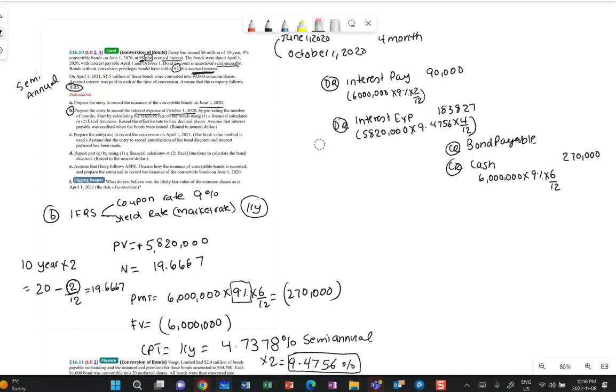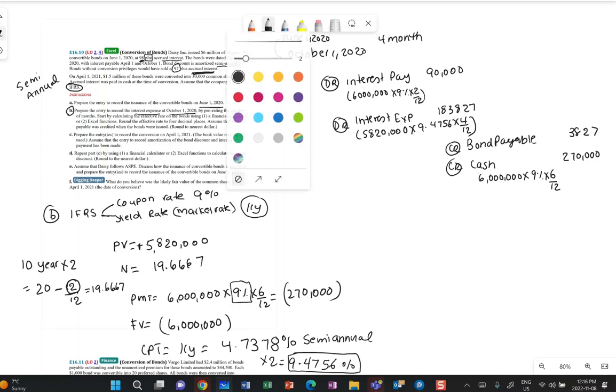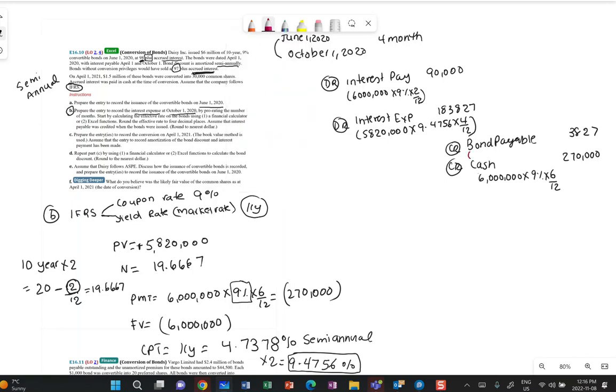Now the other amount that we need for the bond payable is your amortization, which will be 3,827. I'm going to show you the easy way to calculate it, which is the difference.